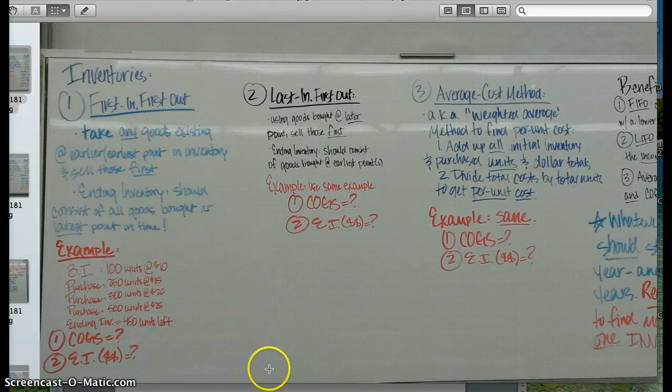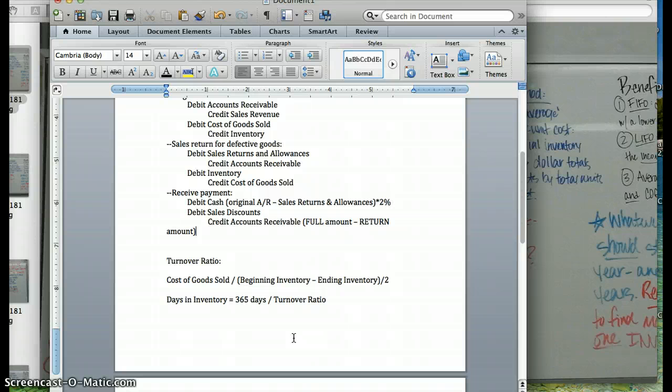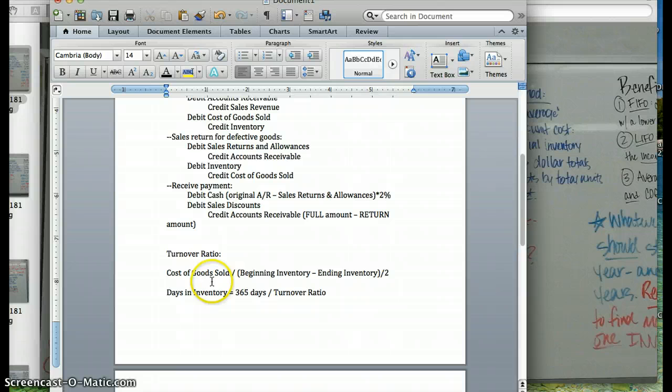And then, real quick to go back, for your turnover ratio and days in inventory calculations, for the turnover ratio, you're going to be given cost of goods sold, beginning inventory, ending inventory, and possibly sales revenue. Avoid sales revenue. You don't need it.